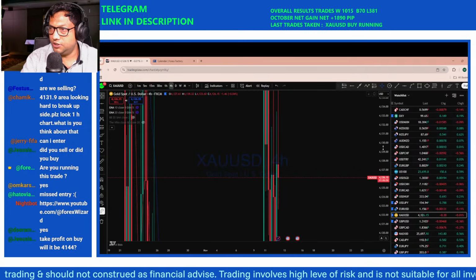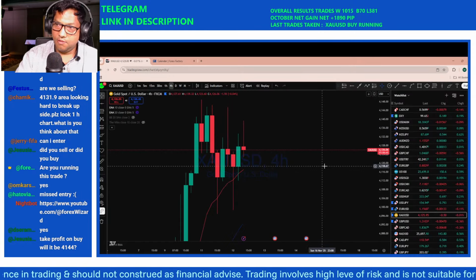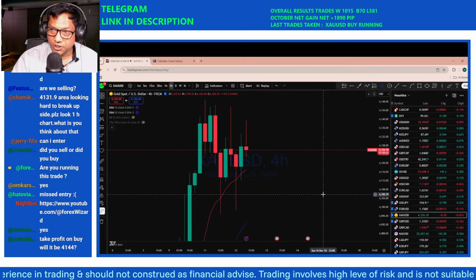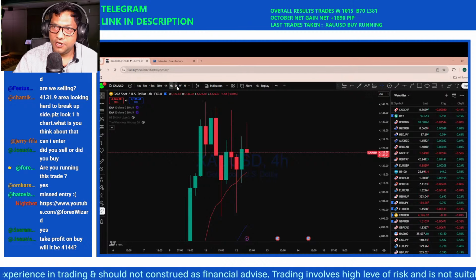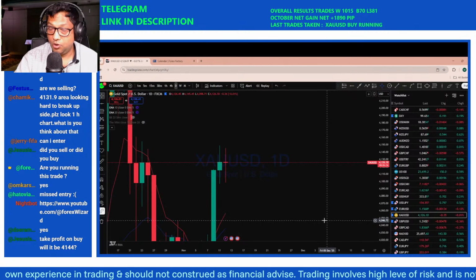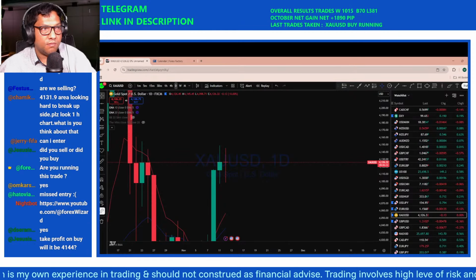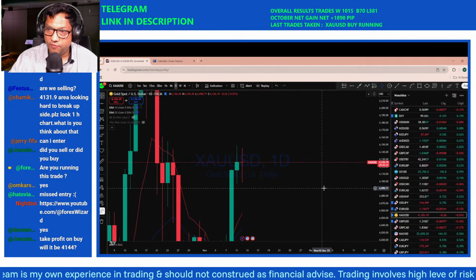There is a consolidation that you can see here, and the market is still bullish. That consolidation is basically, if you look at the daily, you can see it's coming back up and down. The way the market structure is showing up for the long term is that the daily is bullish.